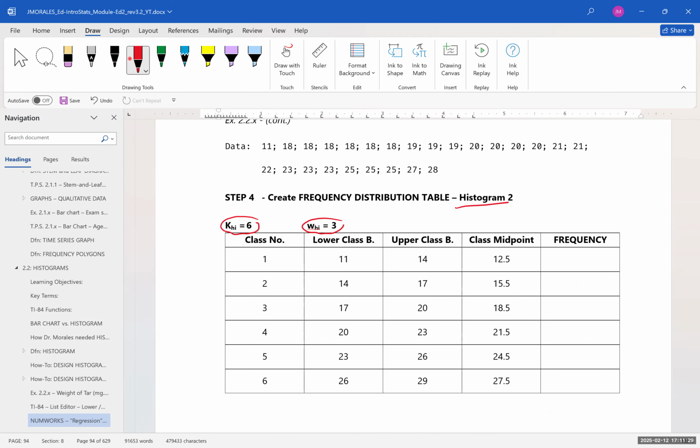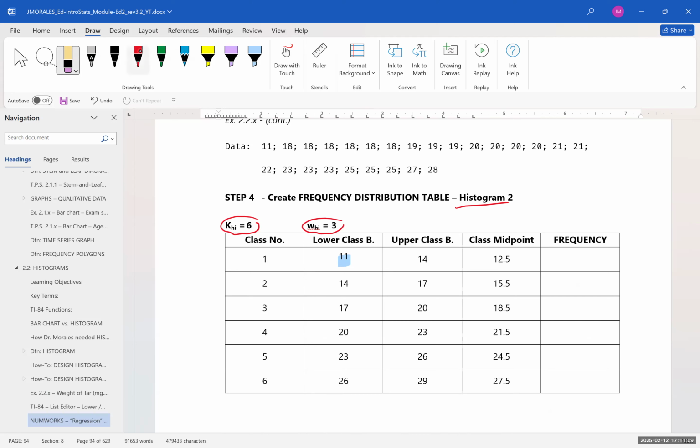You can see now instead of 5 classes, we've got 6, right? The starting point was 11. But now, instead of adding 4, we're going to add 3. So 11 plus 3 is 14, 14 plus 3 is 17, 17 plus 3 is 20, and so on.